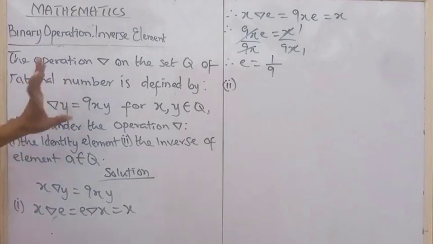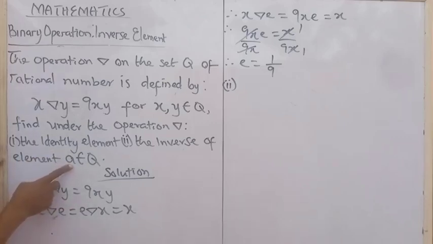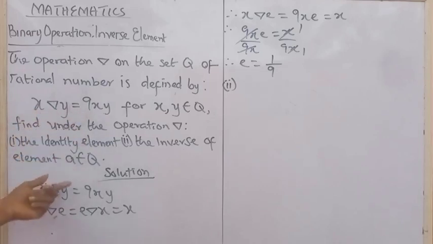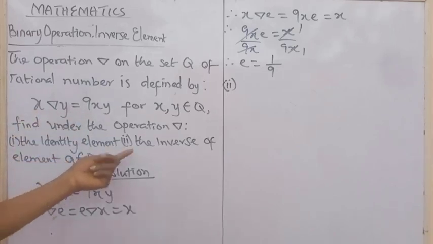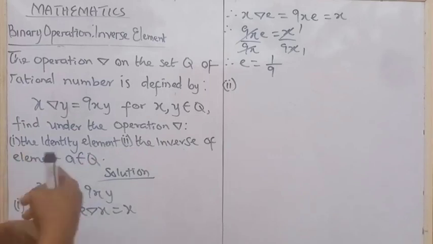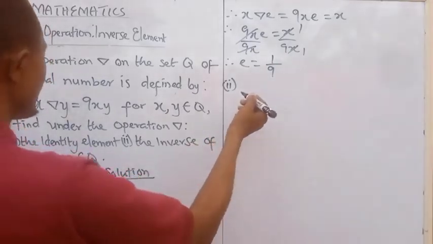But the element we are given here is a. So we are going to convert this x and y that we have here to a, because we have to find the inverse of element a, element of Q. So we are going to do a conversion from x to a.